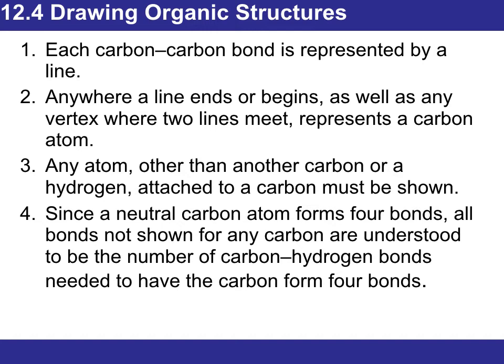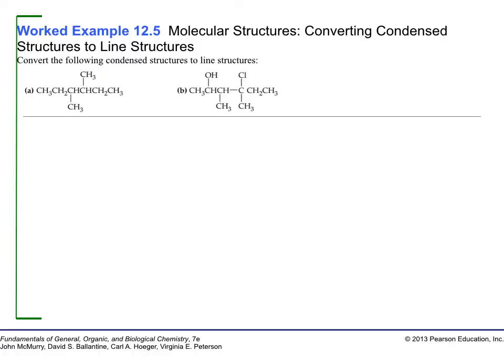Any atom other than another carbon or a hydrogen attached to a carbon must be shown. And then remember that we have those 4 bonds for carbon atoms. So that means that all bonds that are not shown for any carbon are understood to be the number of carbon-hydrogen bonds that would exist.